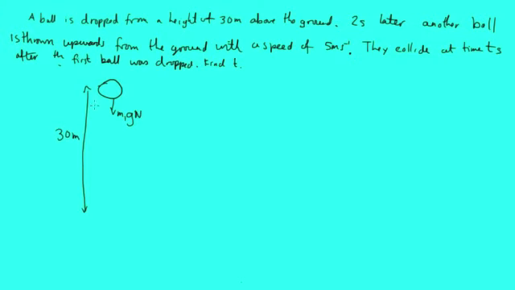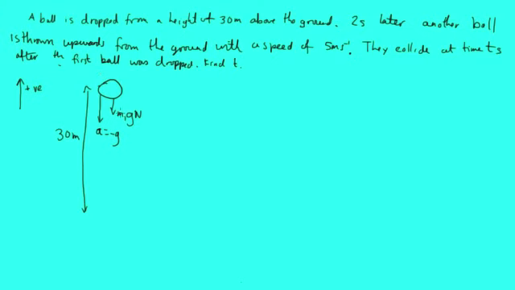We're going to have the motion, again define the direction of motion, so we're going to have this as the direction of positive motion. Okay, so for the ball, it's accelerating down with an acceleration, and it's going to be minus g, because although it's going to be accelerating, that is the opposite direction to the motion that we've defined.